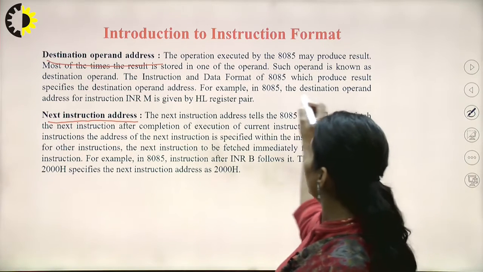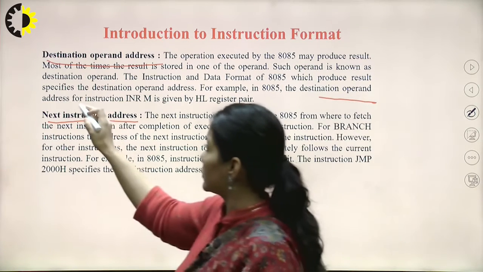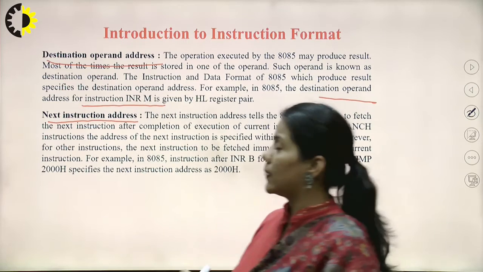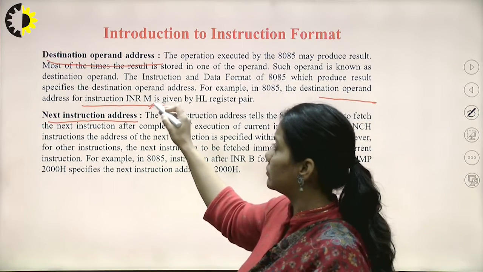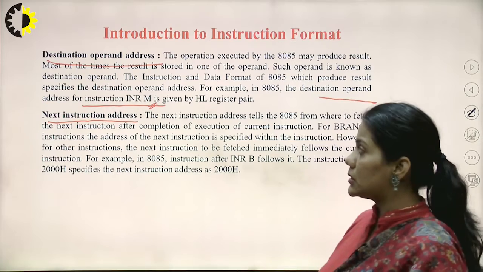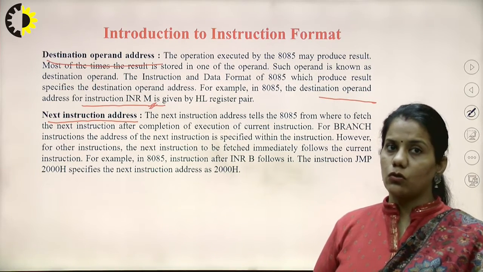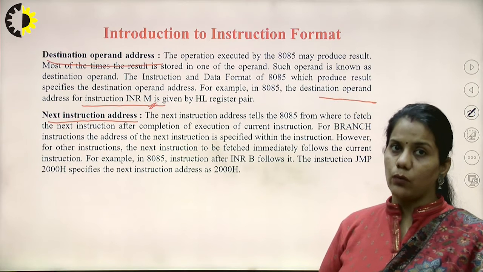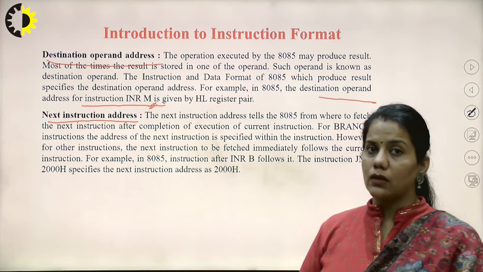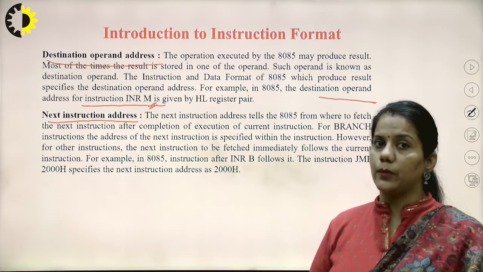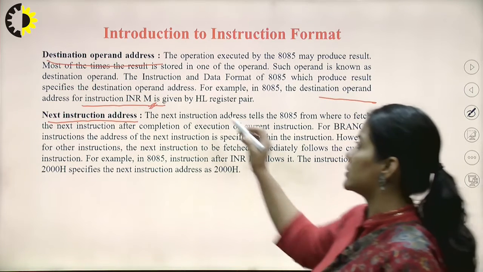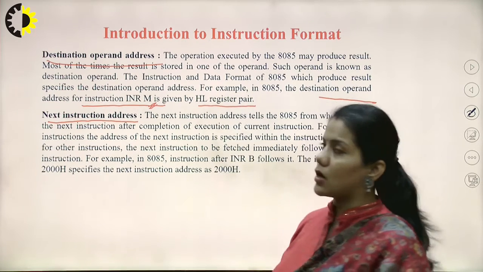For example, the destination operand address for instruction INR M. M here denotes that this instruction will increase the contents stored in the memory by 1. And what is the memory? Memory is specified by the contents of the HL register pair. So this is how the addressing is done.